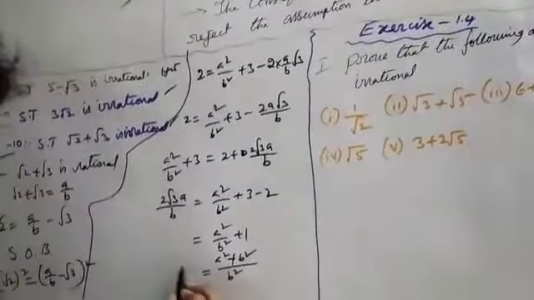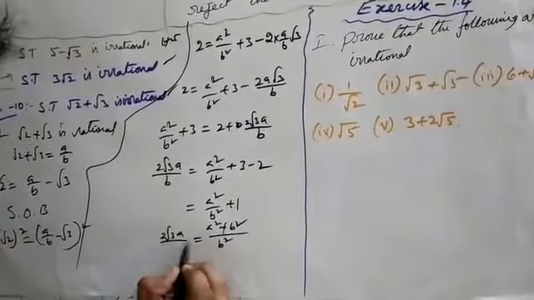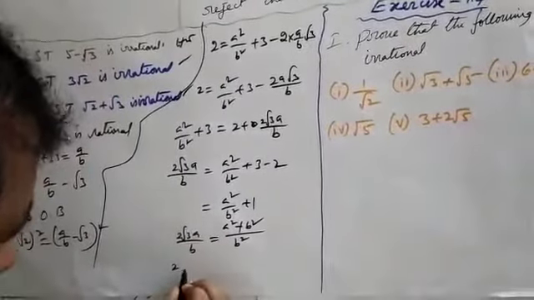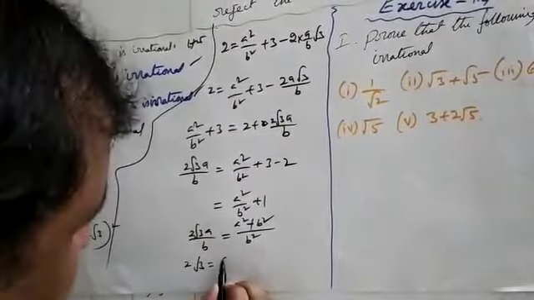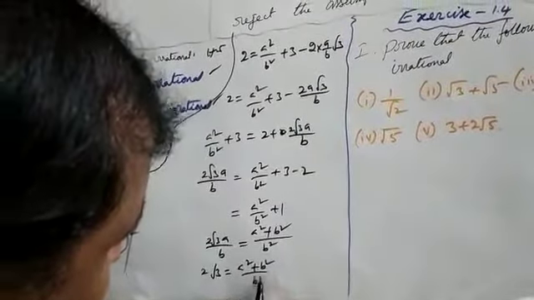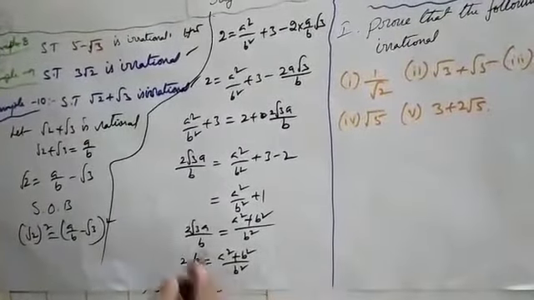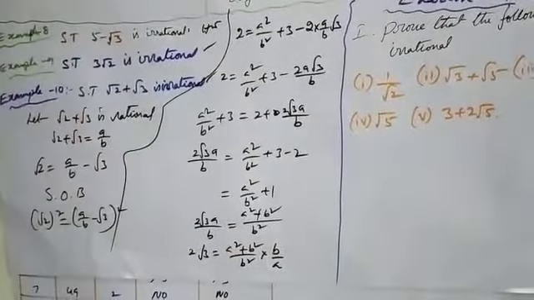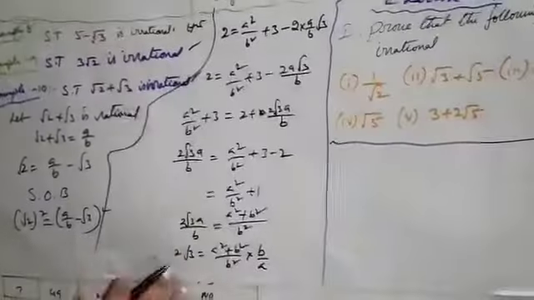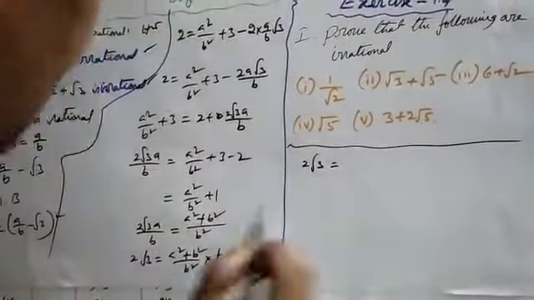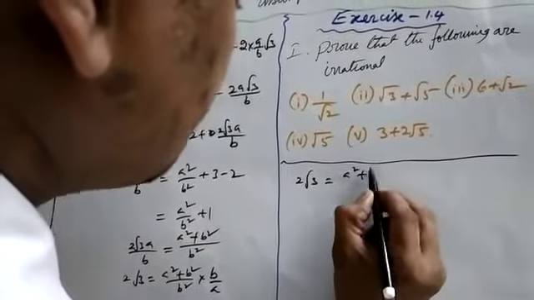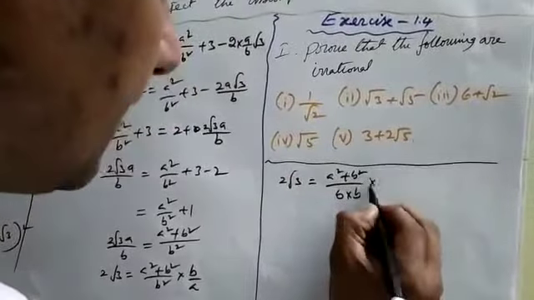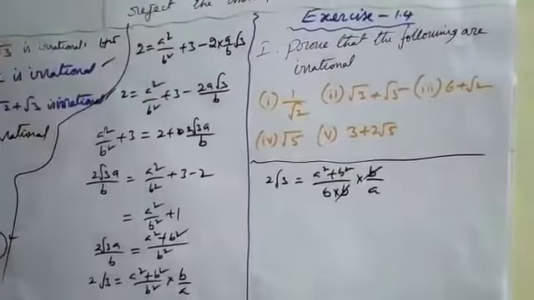Therefore, 2 root 3 a by b is equal to a square plus b square divided by b square. The a by b is transferred to the right side as its reciprocal, b by a. Therefore, 2 root 3 is equal to a square plus b square divided by b square into b by a. b gets cancelled.